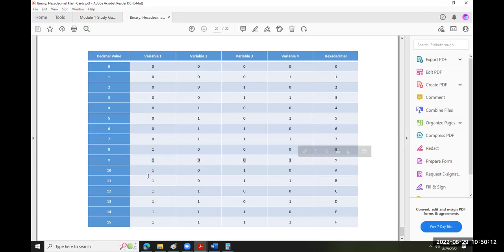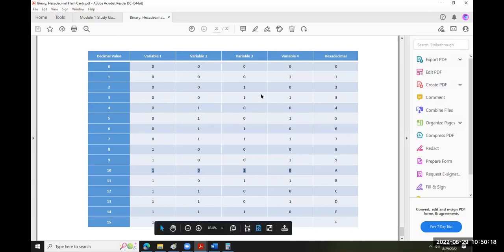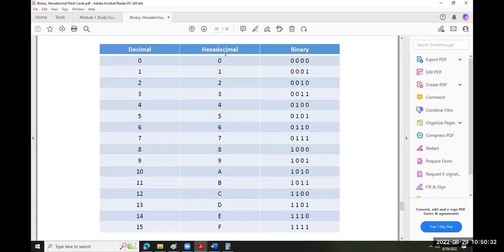But when you get to 10, I want you to memorize that A is 1010. I want you to know this table. You have to memorize this table. Now, that seems like a lot, but it's going to be a worthy investment. When you look at the hexadecimal number 7, you know in your mind that from 0 to 9, everything's the same in decimal and hexadecimal, right?